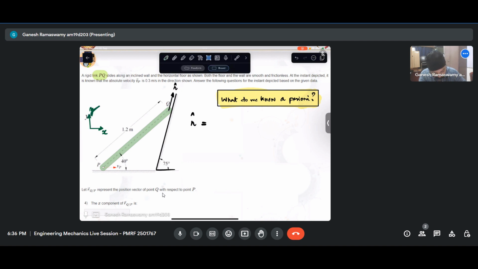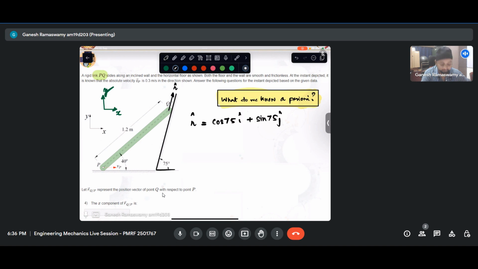Now this is my axis. If I place my axis here, then I can see that n cap is nothing but cos 75 i cap plus sin 75 j cap. So I know the unit vector there.